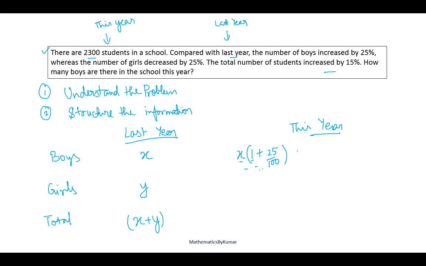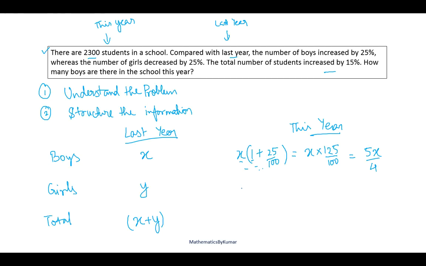The next task would be to simplify so that I can use it directly next time. This is x into 125 over 100. Now it can be further simplified because I have a factor of 25 in both. If I divide the numerator and denominator by 25, I'll get 5x by 4.